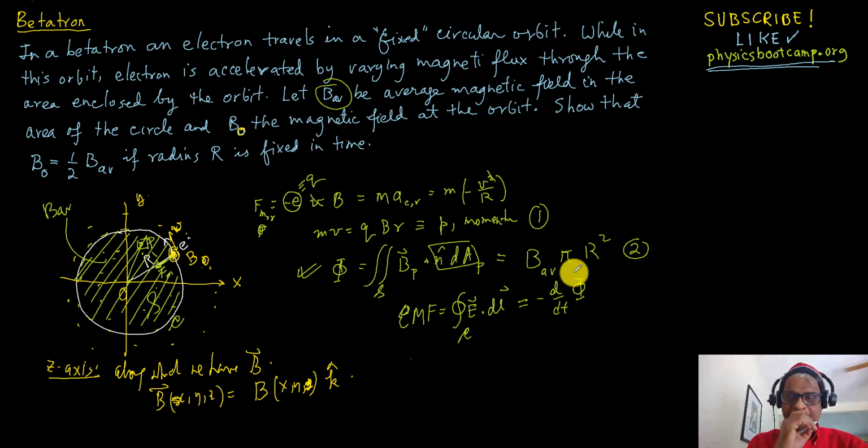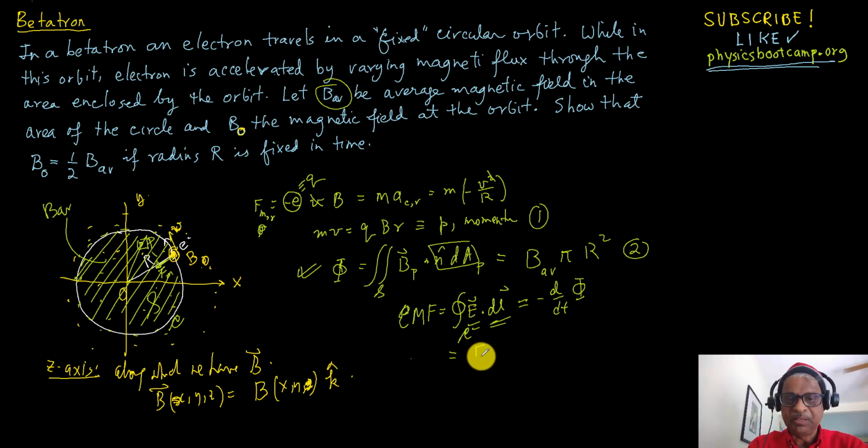When you look at this from the symmetry, we have a cylindrical symmetry. That means E will have the same value everywhere, and it's always going to be along the orbit. So this dl is along the orbit, and this is along the orbit.